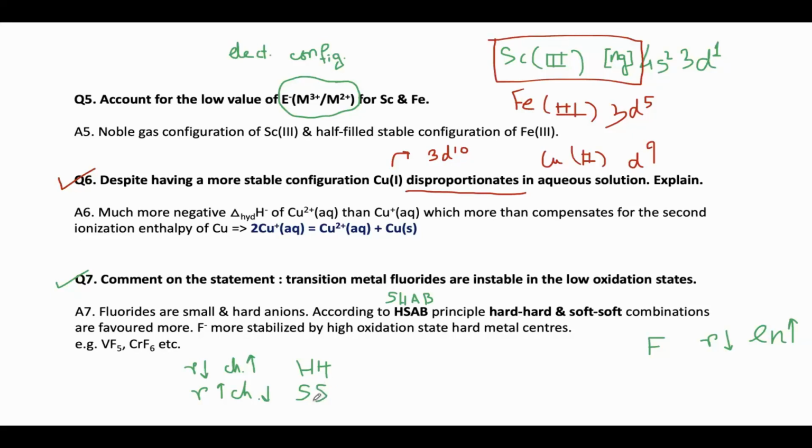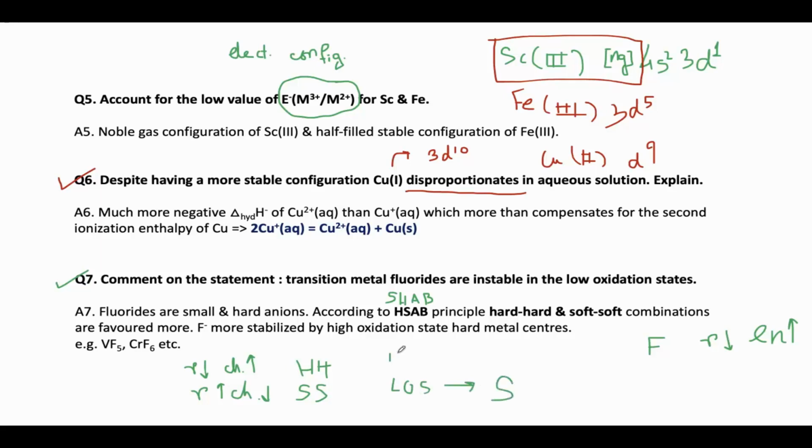So in this case, what is the analogy? We are talking about the fluorides. So F minus ions are discussed. Now you see, the question is: transition metal fluorides are unstable in a low oxidation state. I have told you, when the charge is lowered, it is a soft species. So low oxidation state species are soft.